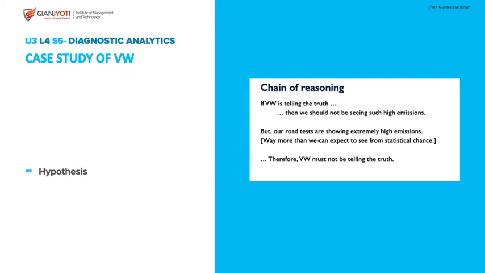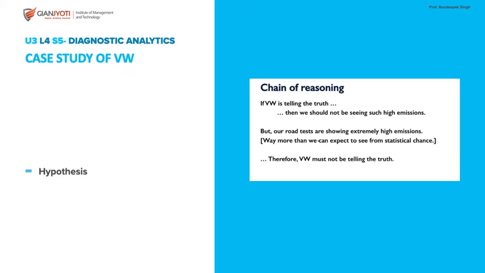Their chain of reasoning was that if Volkswagen is telling the truth, then we should not be seeing such high emissions. But if our road tests are showing extremely high emissions, way more than one can expect out of the statistical variation, then Volkswagen must not be telling the truth.